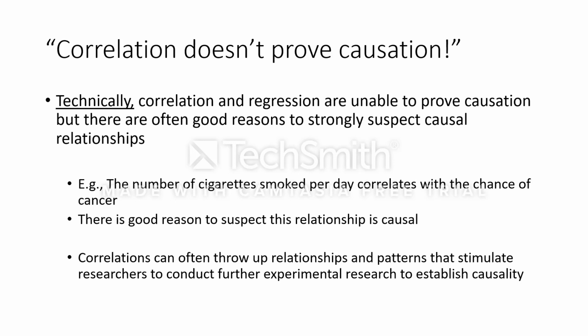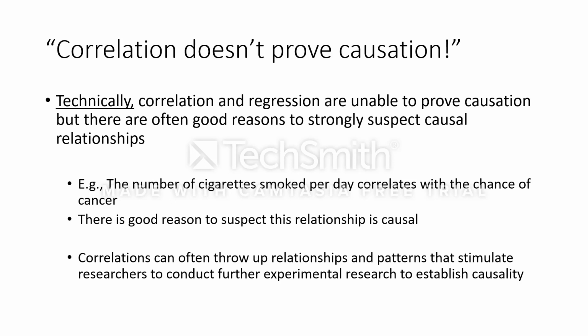And in this regard, it's really important to think of the theory behind the research questions that you're asking to see if there is some correspondence between the information you're obtaining from your analysis and the reality of what you're looking at. So technically, yeah, correlation does not prove causation. But if we look at different examples, we would have very often good reasons to suspect that there are causal relationships.